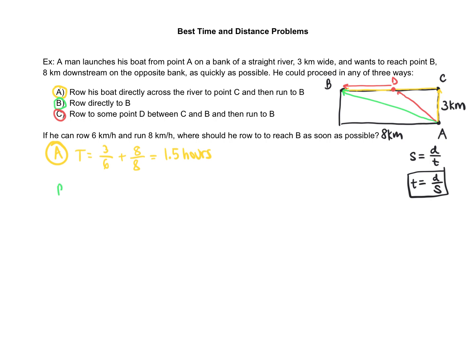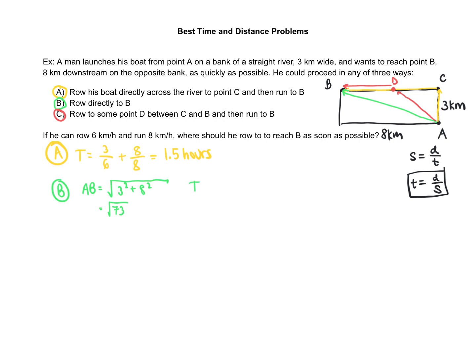Option B, row directly to B. Well, I need that distance from A to B. So I'm going to do a quick Pythagorean theorem here. The distance of AB is going to be the square root of 3 squared plus 8 squared. And just to keep my accuracy, I'm going to keep it as an exact value, and that's the square root of 73.